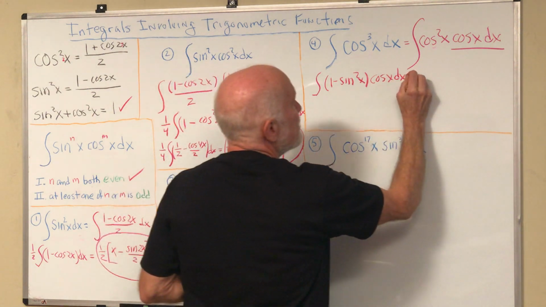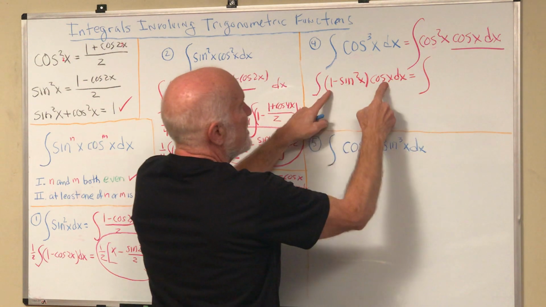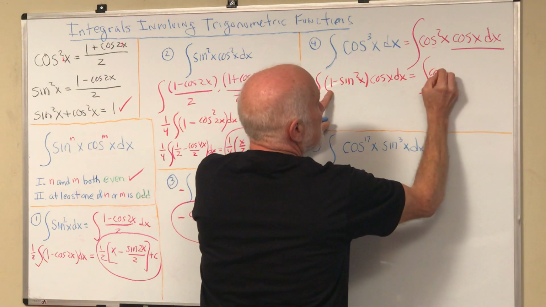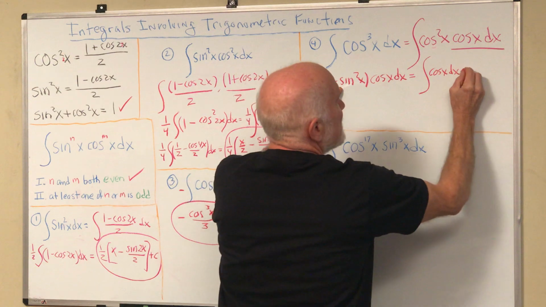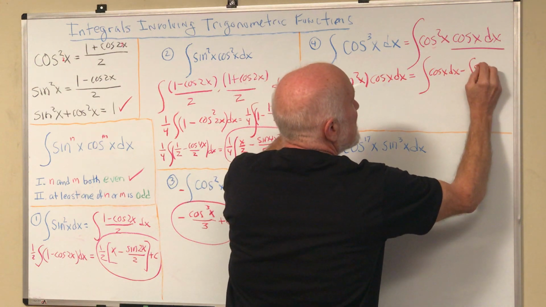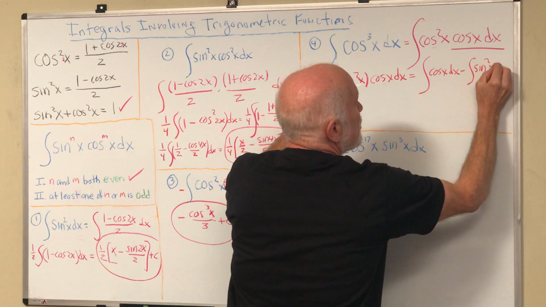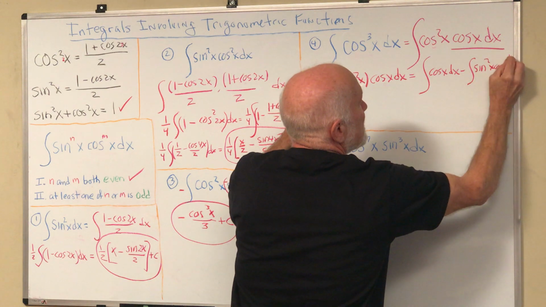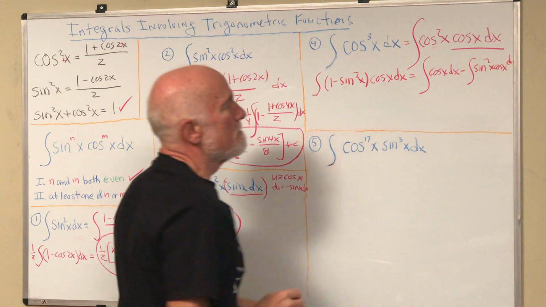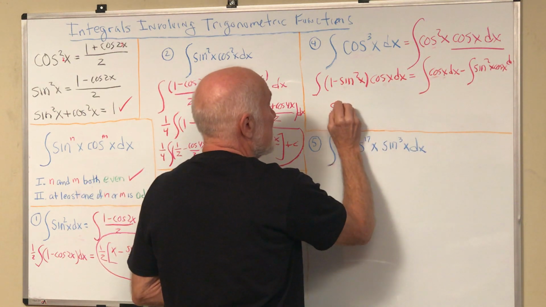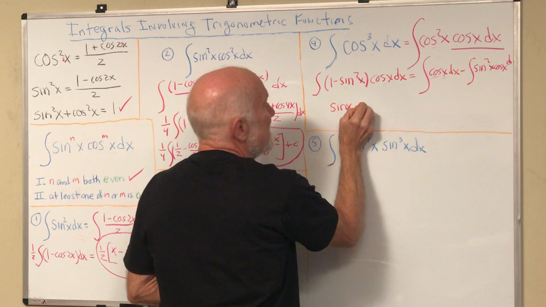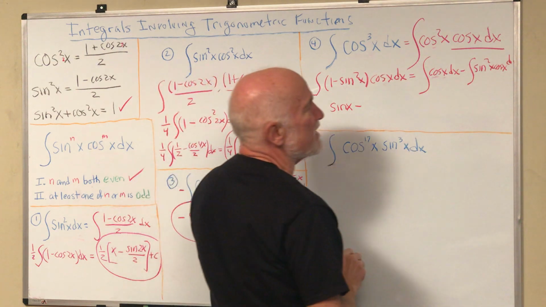So now you can rewrite that into two integrals. We have the cosine of x, and then we have minus the integral of sine squared of x, cosine of x, dx. Well, the antiderivative of the cosine is the sine, and look at, this is perfect.